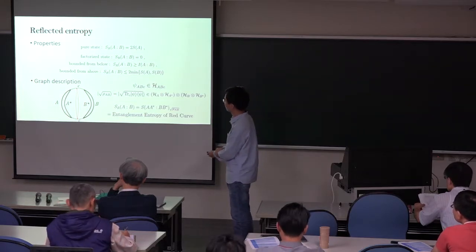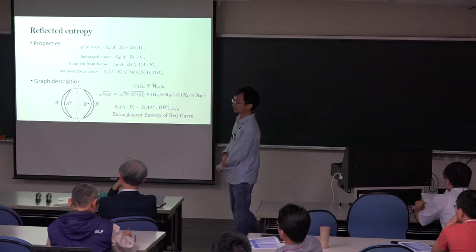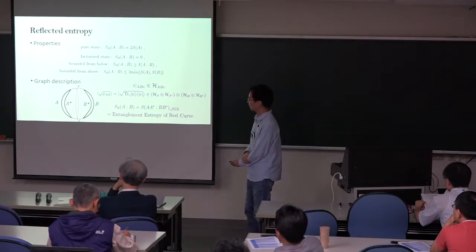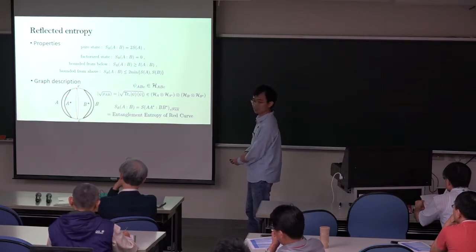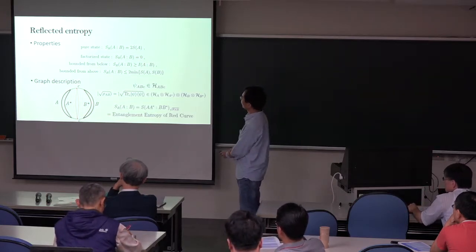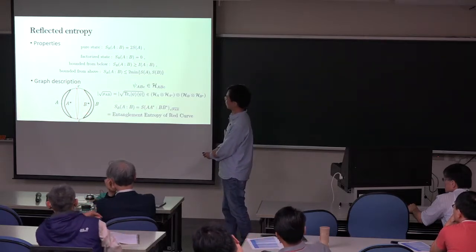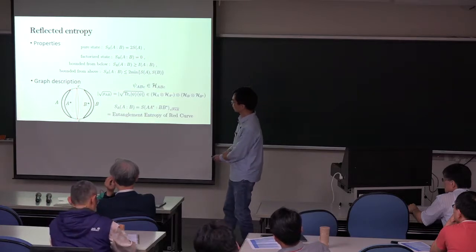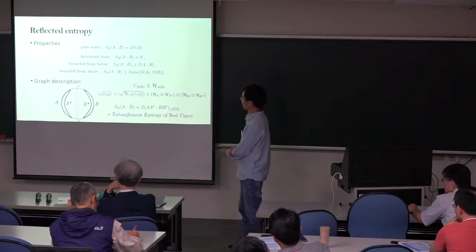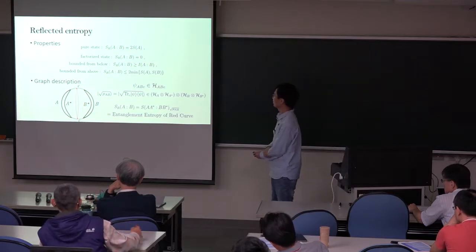Let's say a circle, A, B, and the B to C. Now, since I need another copy of Hilbert space, I will pick up another circle: A star, B star, and the B to C. So I graph the canonical purification procedure by picking up these two same circles, but gluing along B to C. So what I'm left with is the A star, B star.